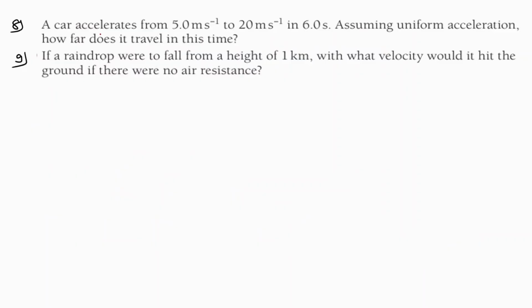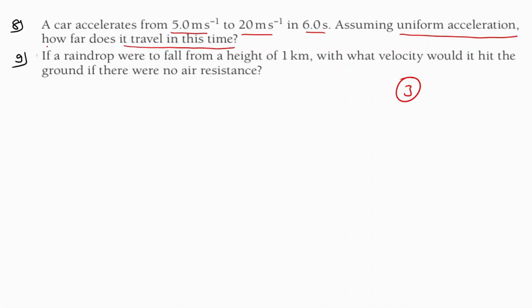Number 8 says a car accelerates from 8 meters per second to 20 meters per second in 6 seconds. Assuming uniform acceleration means you are allowed to use the three equations of motion over here. Use the equation which fits. So how far does it travel in this time?